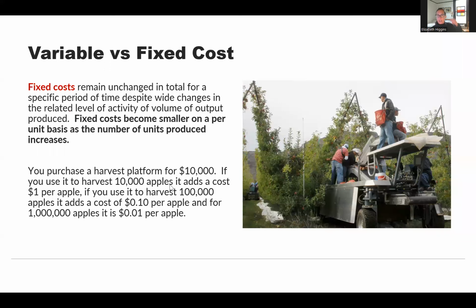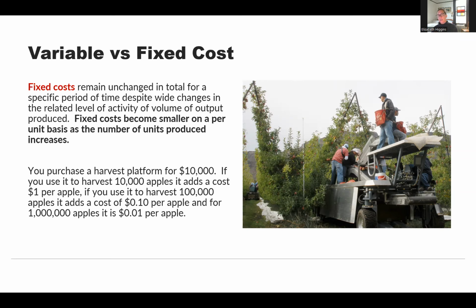Fixed costs, on the other hand, remain unchanged for a specific period of time, despite wide changes in the related level of activity. The other key thing with fixed costs, from a profitability standpoint, is they become smaller on a per unit basis as the number of units produced increases.